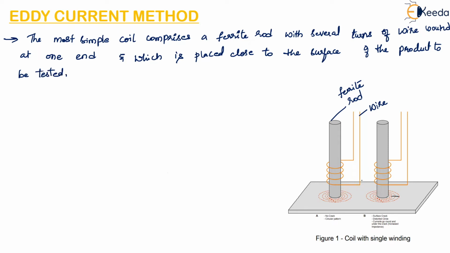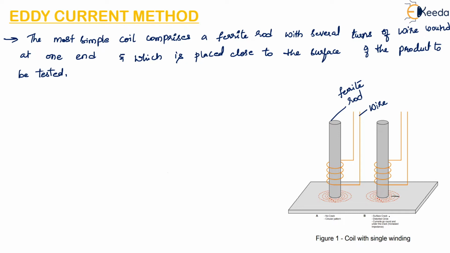So here if there is a crack which is occurring in the component or in the product surface, then the eddy current must travel further around the crack and it is detected by the impedance change.